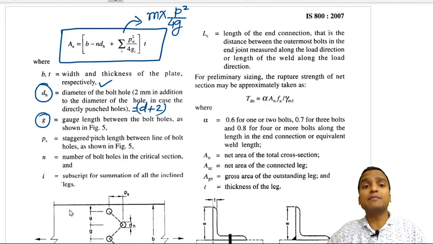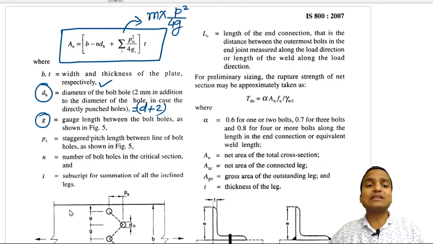And M is the number of staggerings. Okay, M is the number of staggerings of the cracks at the critical section. Now if there are non-uniform pitches and non-uniform gauges, then we have to do the individual summations of all the staggerings of the crack or the critical section under consideration.